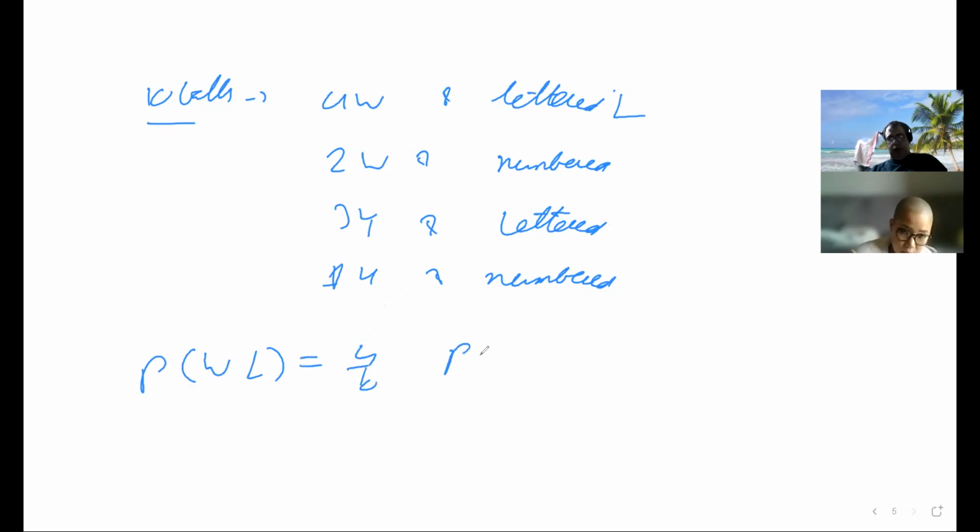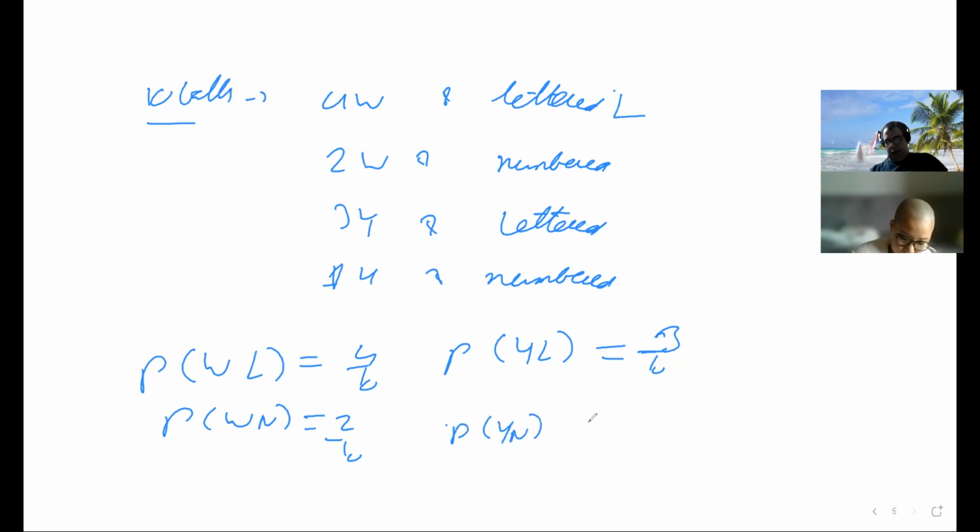And yellow and lettered? 3 by 10. And white and numbered? 2 by 10.